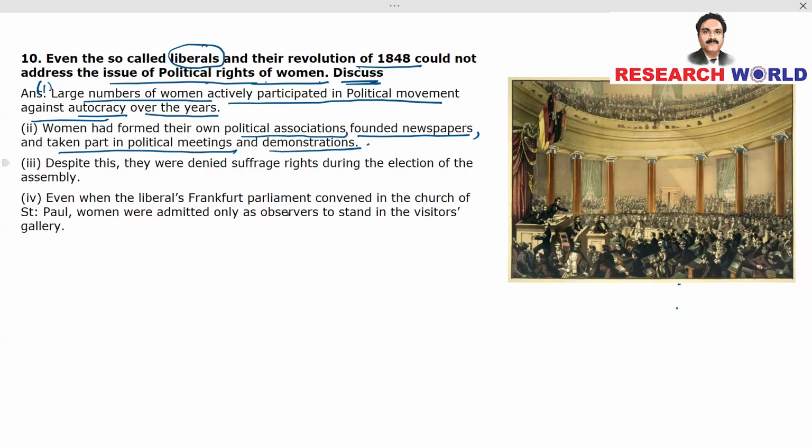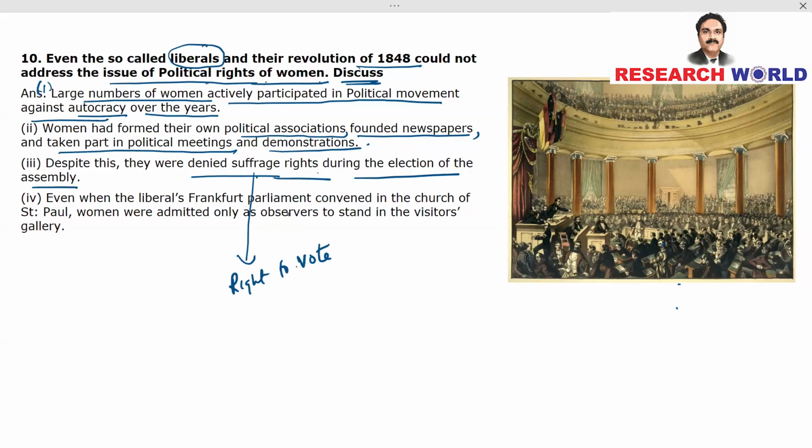Okay. Despite this, they were denied suffrage. As I told you, it is the right to vote. We have discussed this adult suffrage in question number 8 as well as in 9. So the right to vote, that's called suffrage. Despite this, they were denied suffrage rights, that means the right to vote, during the election of the assembly.